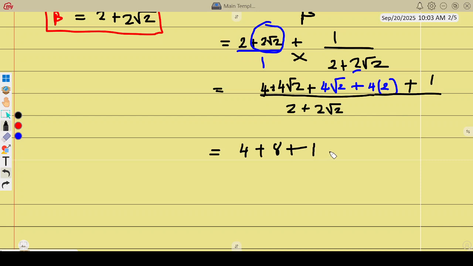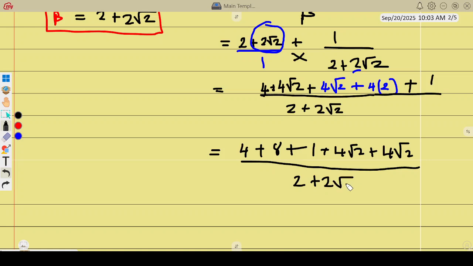Plus we have a 1 plus 4, plus 4 root 2 plus 4 root 2. So this is over 2 plus 2 root 2.